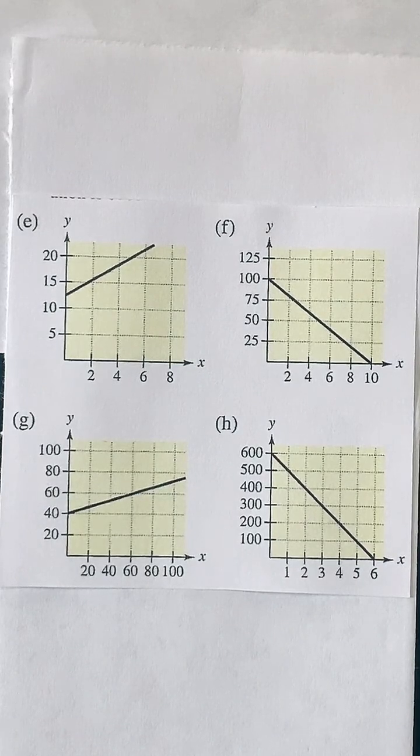So a TV set purchase, well, actually, we'll probably see if we can do one. A television set purchased for $600 depreciates $100 per year. Okay, is it E or is it H?